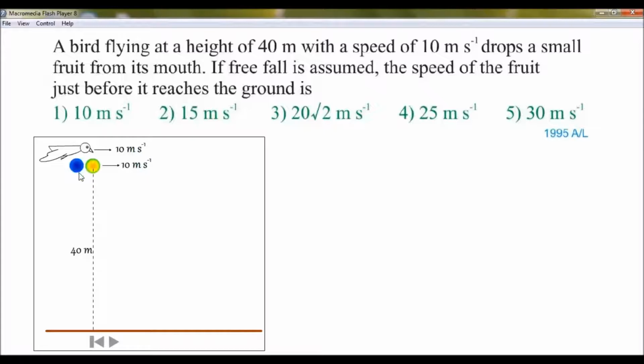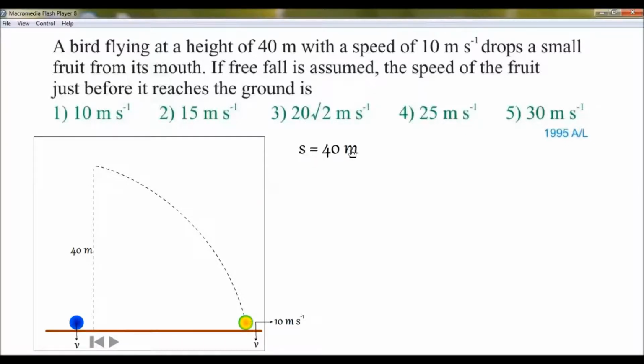If we imagine another object released at the same time as the fruit, both of them are moving together vertically. So instead of finding this velocity, we can find this velocity. To find this velocity component, we can use the data given in the question. We know the displacement, which equals 40 meters, acting downwards.